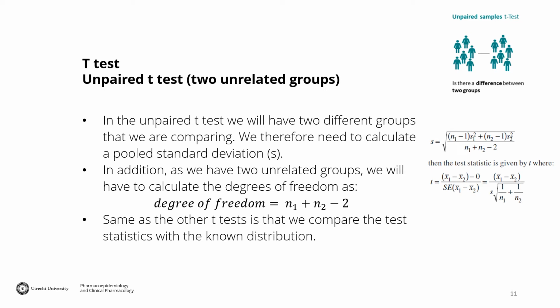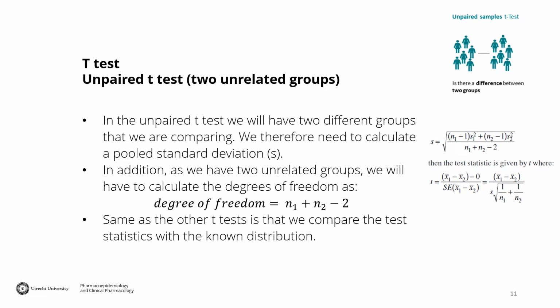This is calculated by the formula on the right side, which is S equals the square root of the first sample size minus 1 times the standard deviation to the power of 2, and then we add that to the other group, and we divide everything by the degrees of freedom, which is the first sample size plus the second sample size minus 2. The minus 2 is because we have two different sample sizes. Usually when we only have one group, we just subtract 1.